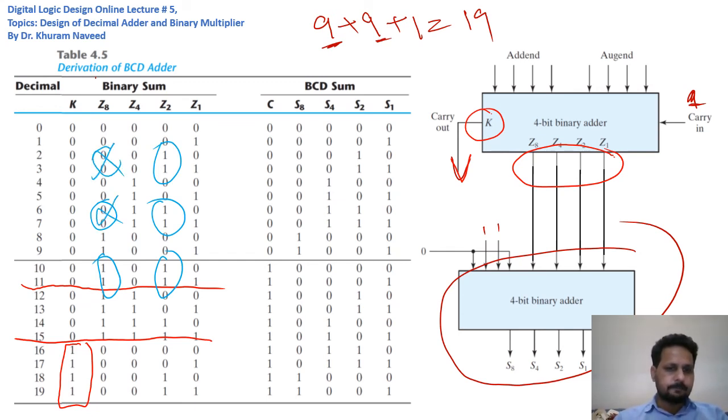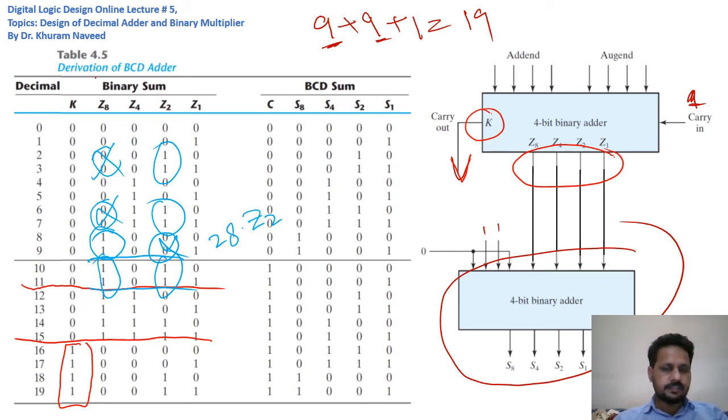This is the only instance where these two bits are on, which means we can detect 10 and 11 by just taking the AND of Z8 and Z2.